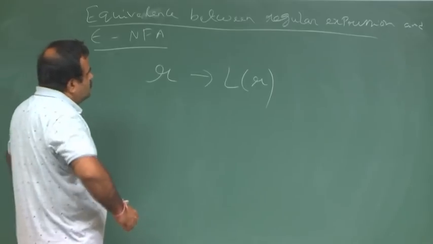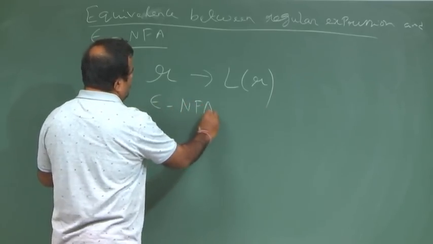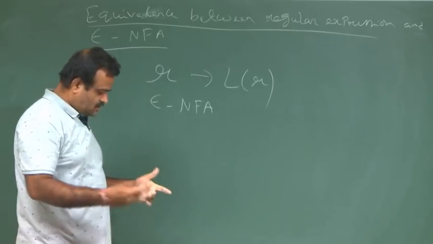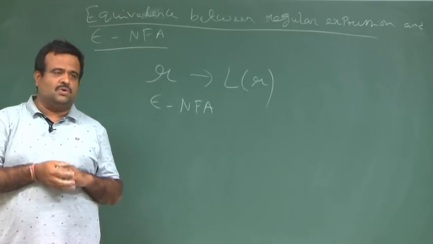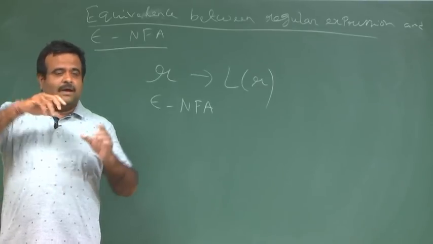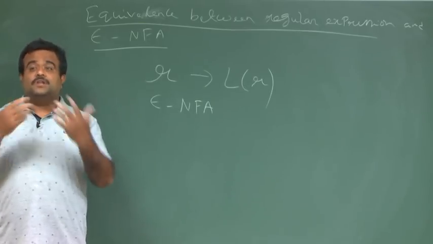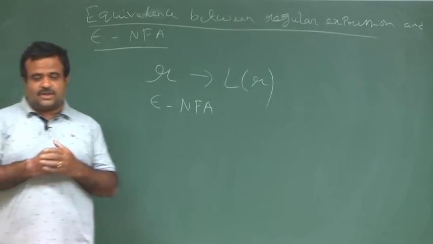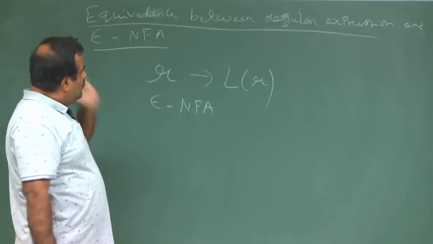Now, we can show that there exists an epsilon NFA, which is a more flexible automaton so far, because DFA has some restriction, and NFA too, but epsilon NFA has epsilon moves. So, it is easier to construct the epsilon NFA than the NFA or the DFA.